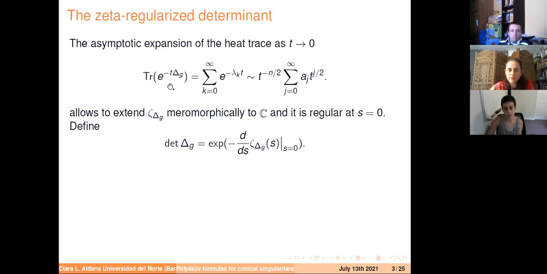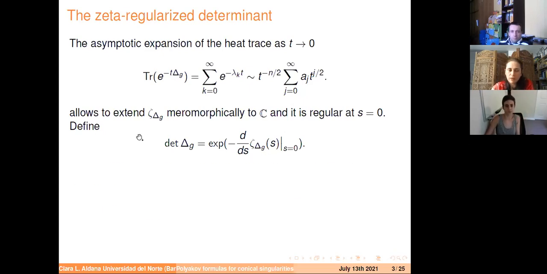Here we have this asymptotic expansion that we have seen also earlier today. We obtain a meromorphic continuation to the complex plane that is regular at s equals 0. Then we can define the determinant of the Laplace operator as the exponential of minus the derivative at 0 of this meromorphic continuation.